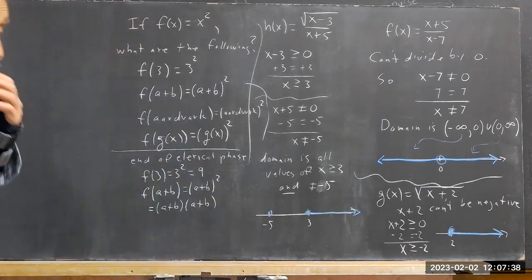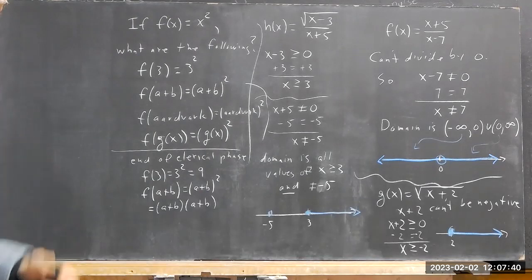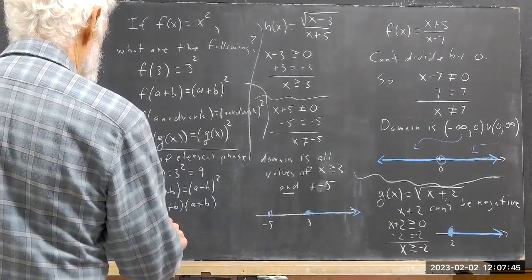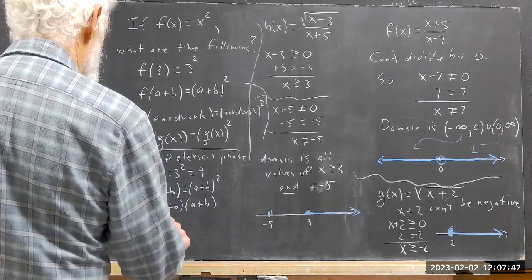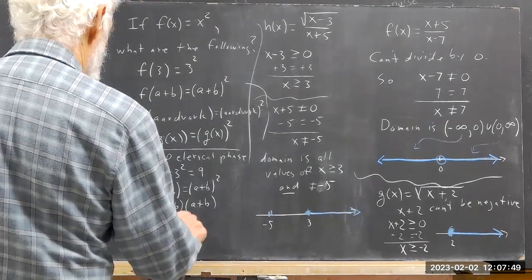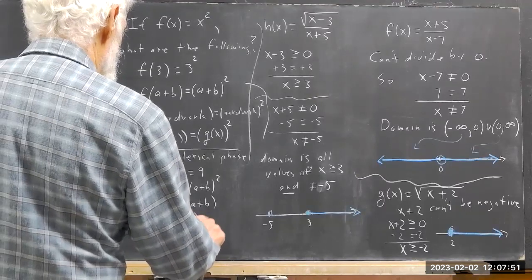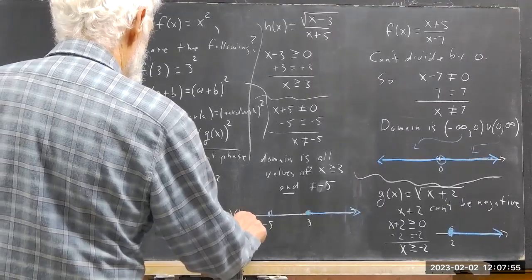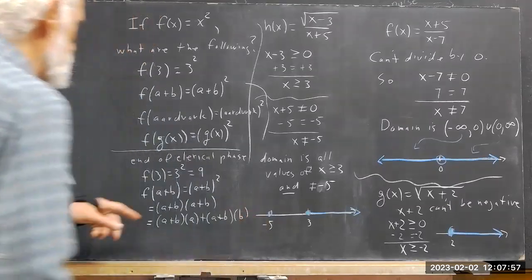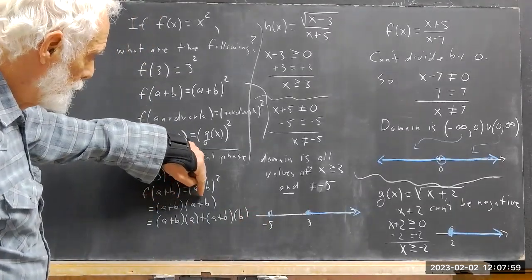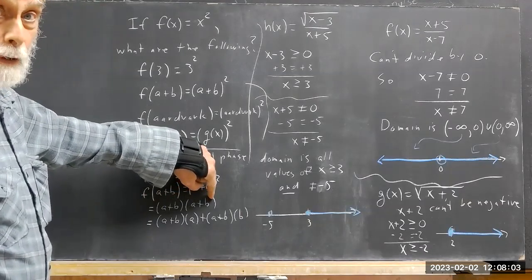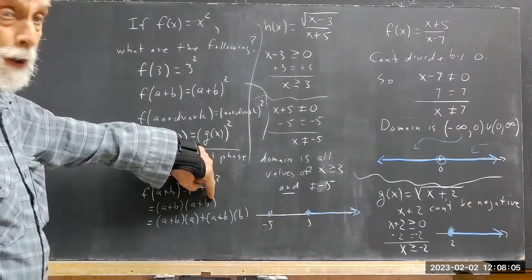A plus B times A plus B. And that's equal to A plus B times A, plus A plus B times B. That's the distributive law of multiplication over addition.